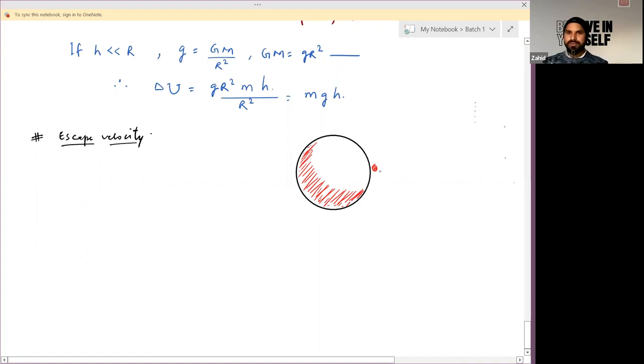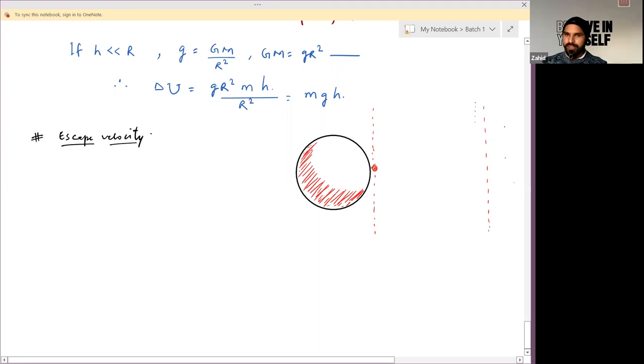But now suppose you want to throw this particular object to escape out from the influence of gravity of Earth. Let's say the interaction of Earth or gravitational field is up to this point.